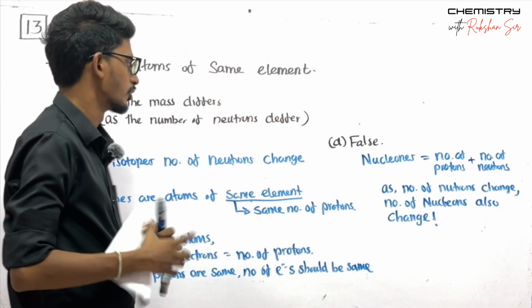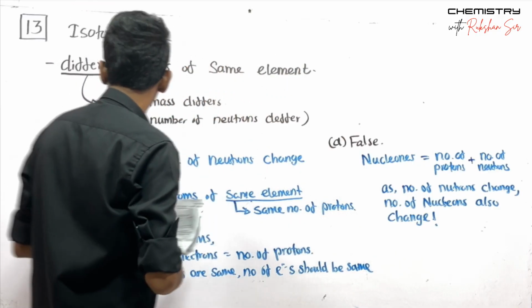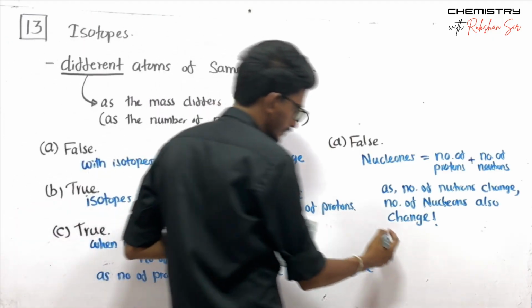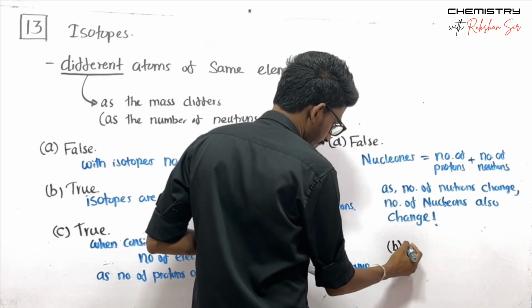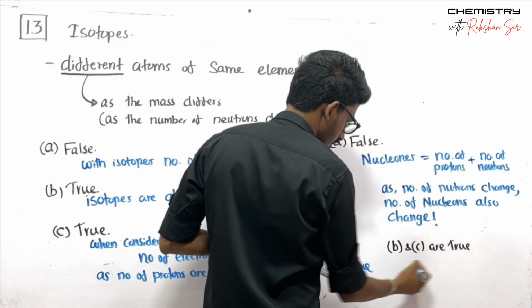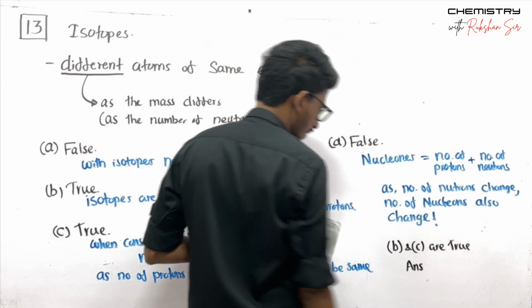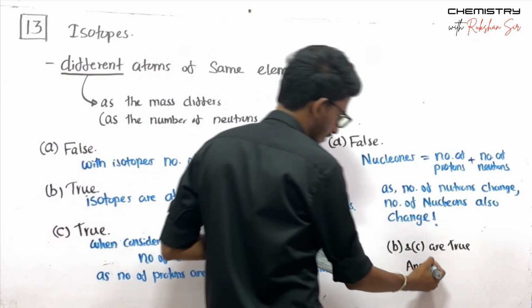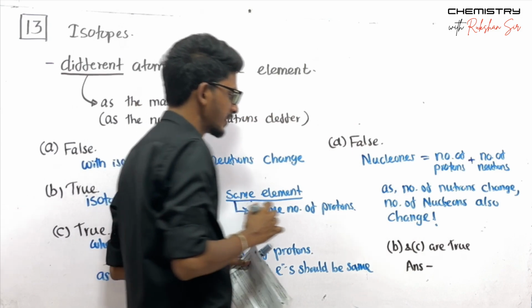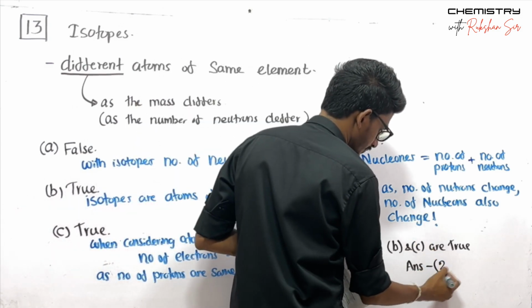So this statement is false. So B and C are true. This is an ABCD question. If A and B are true, answer number 1. B and C are true, answer number 2.